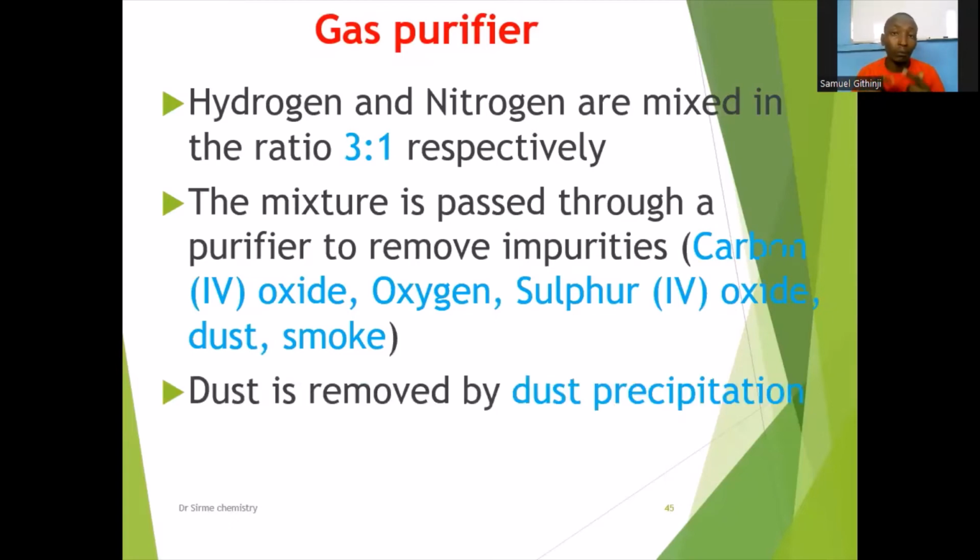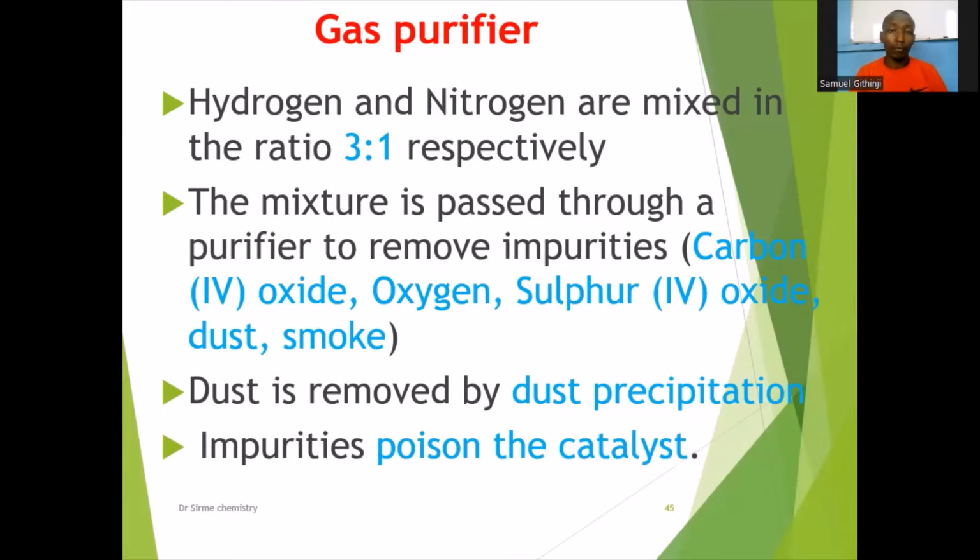By dust precipitation, we remove the dust, and of course other chemicals: carbon monoxide, you pass through sodium hydroxide; oxygen, you remove it, you can pass it over heated copper, etc. So why are we removing these impurities? The very same reason we had before. Impurities will poison the catalyst, so we need to get rid of them.